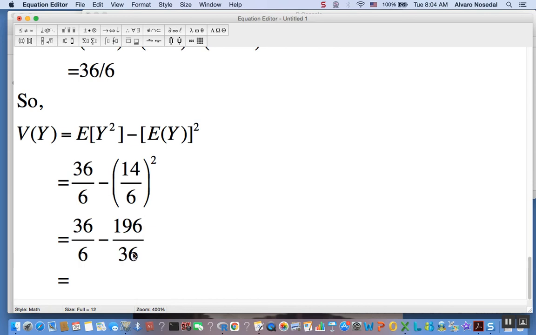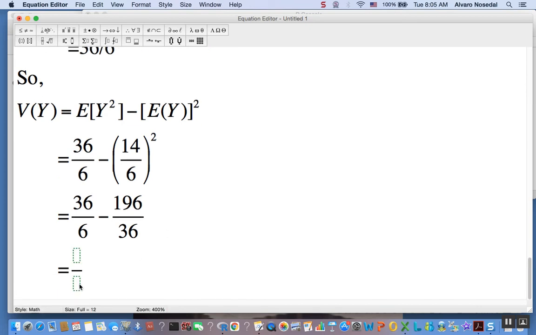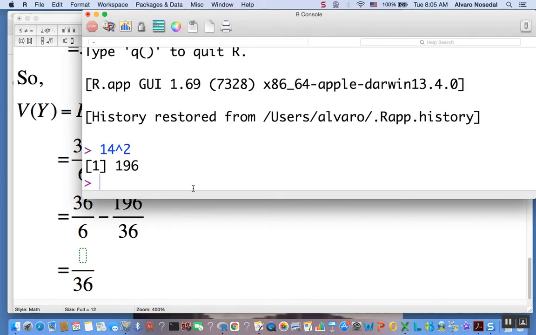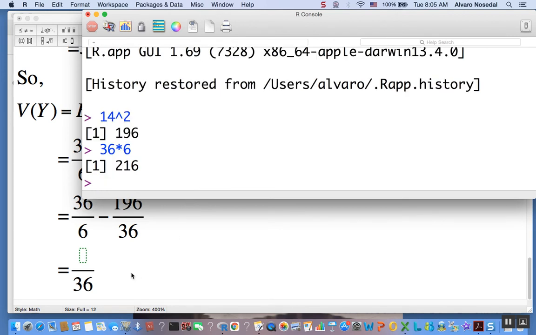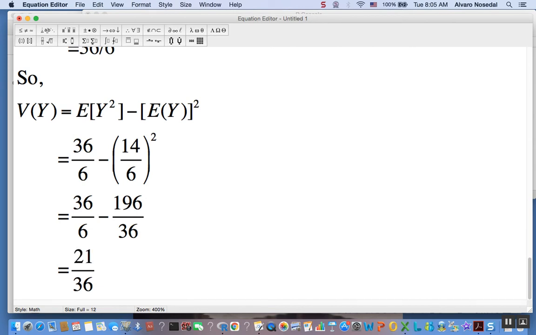The common denominator here will be 36. So we're going to have to multiply 36 by 6. So 36 times 6, that's 216. 216 minus 196.